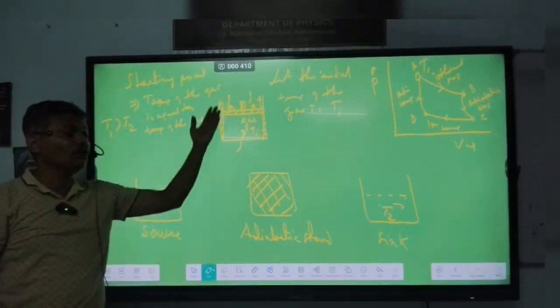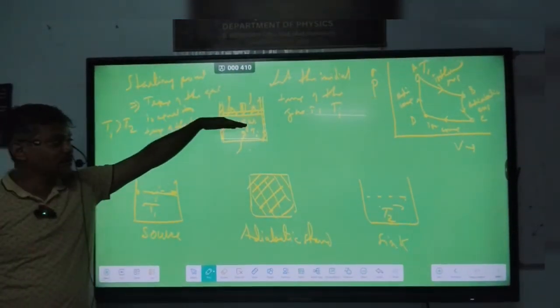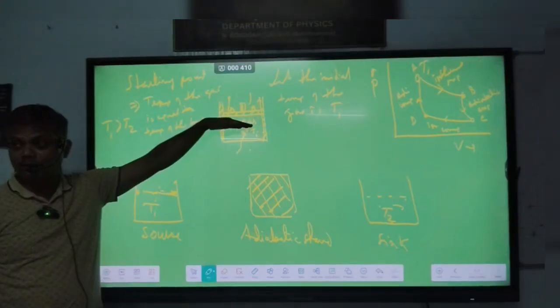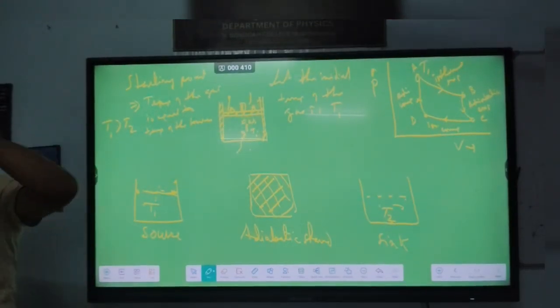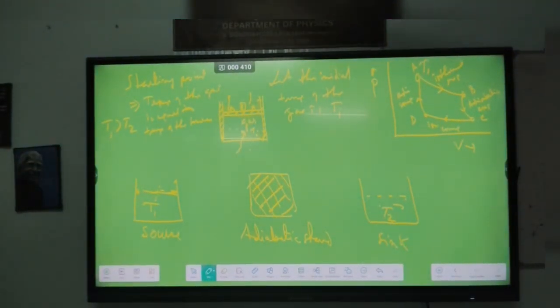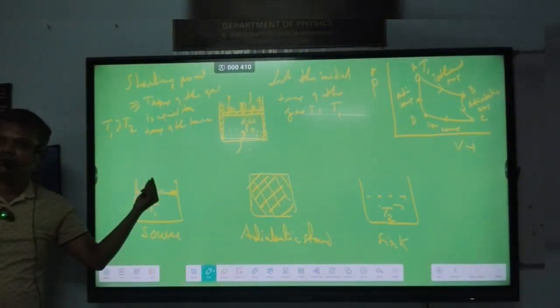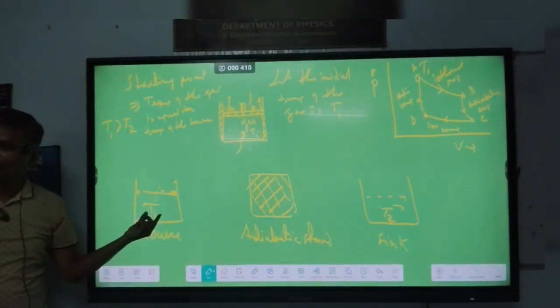So whenever the piston goes up, the temperature of the gas will try to decrease. Once the temperature of the gas tries to decrease, then at that moment the source at T1 will provide heat, because it is at temperature T1, no?